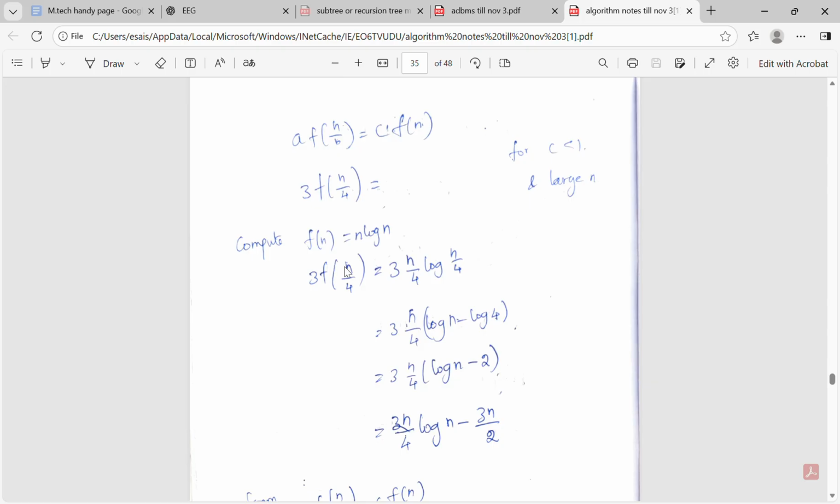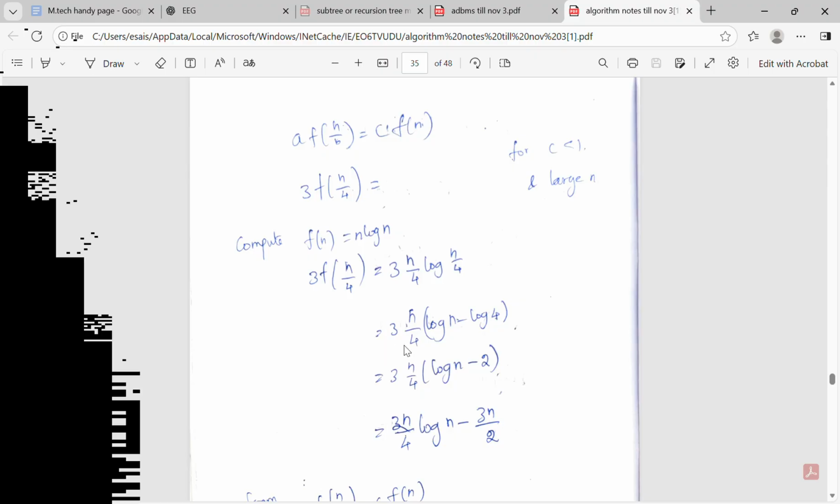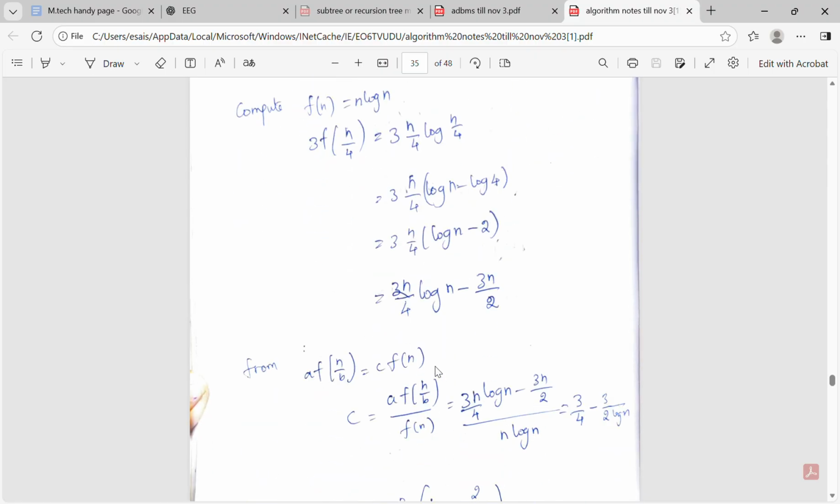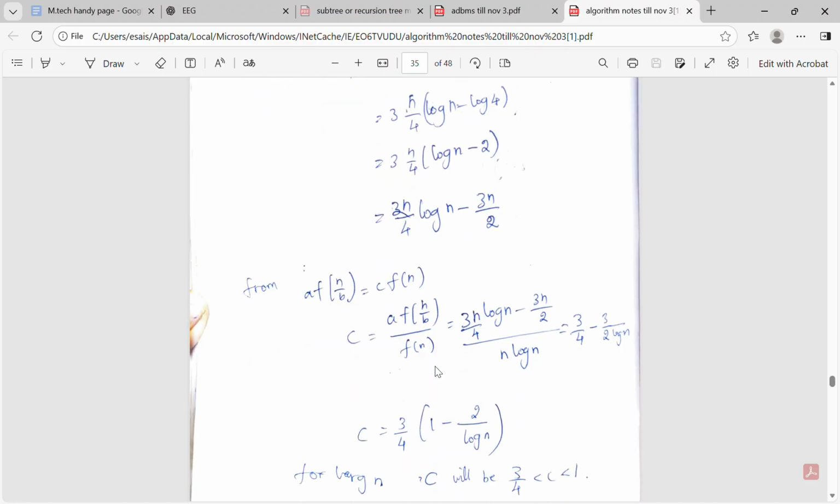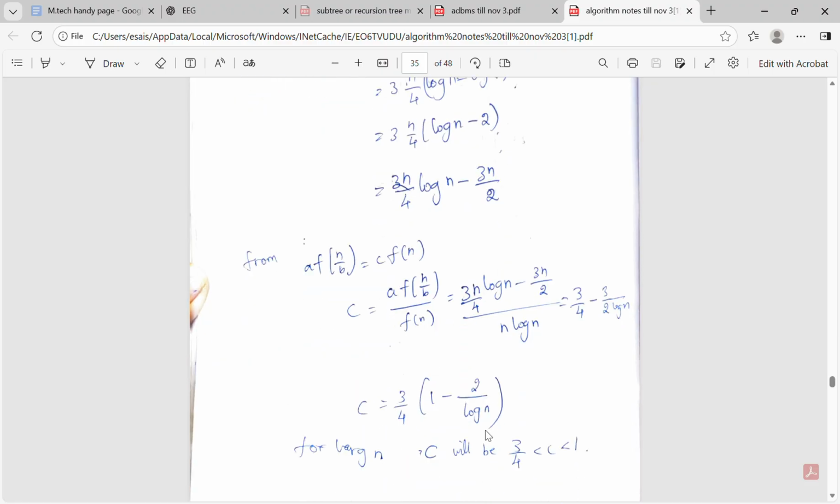So if f of n is n log n, then 3 f of n by 4 is 3n by 4 log n by 4. When we solve all these things, we get c as 3 by 4. 3 by 4 is less than 1.